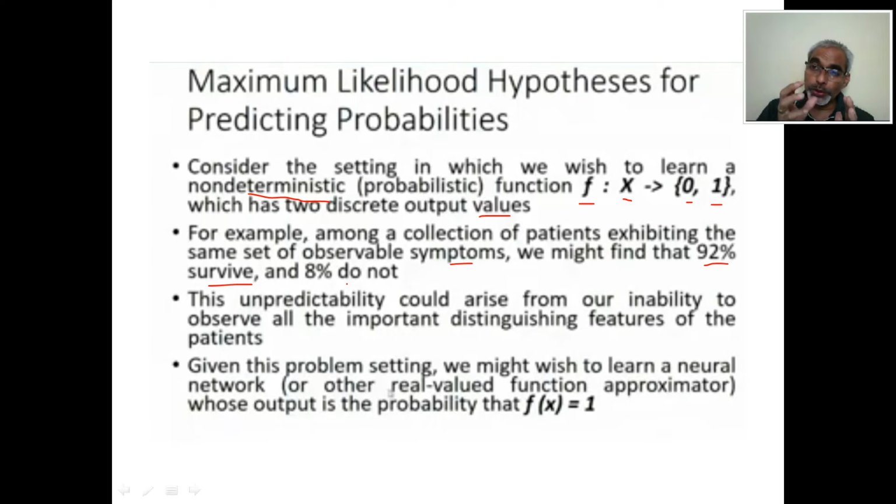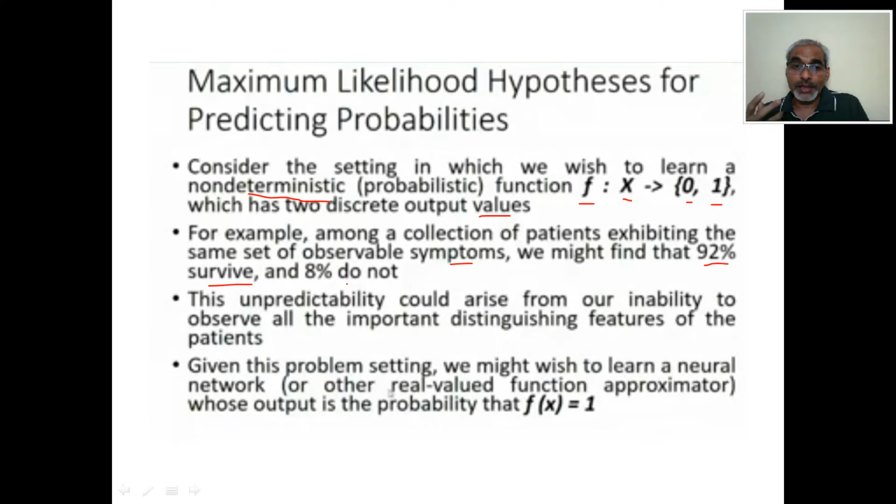That means when he conducts the operation, it is still unpredictable. Even though the hypothesis says that 98% of all the patients on whom he has operated have survived, there is still a chance that some patient may die. So that is uncertain.